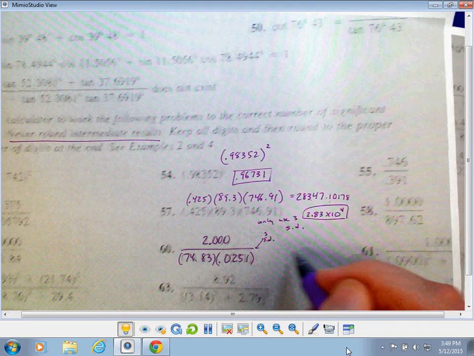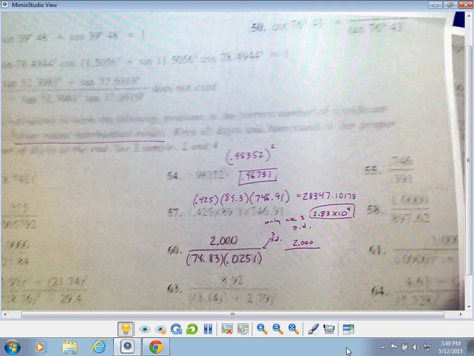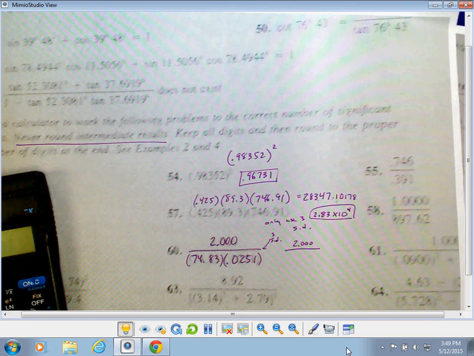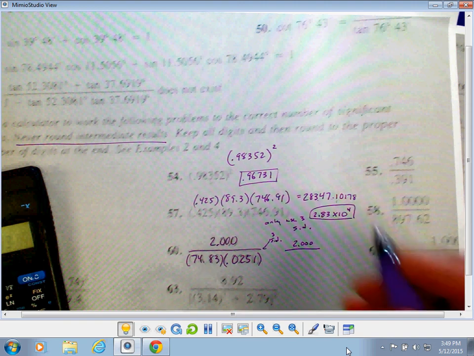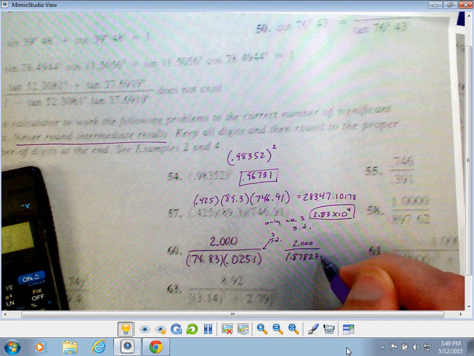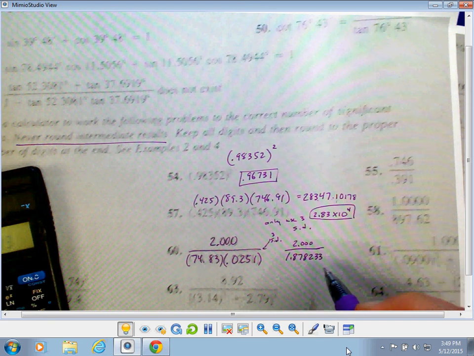So I'm going to be limited to 3. But the first thing I do is I calculate out what I have here. I have 2.00, and then on the bottom I do 74.83 times 0.0251, and when I get that answer, it's 1.878233. So I'm not going to round that yet.